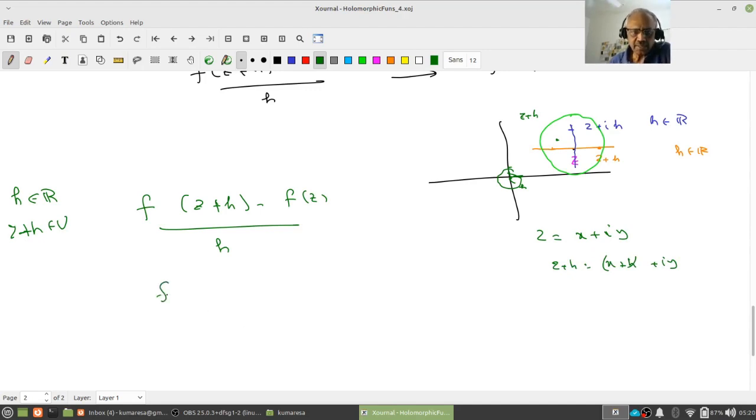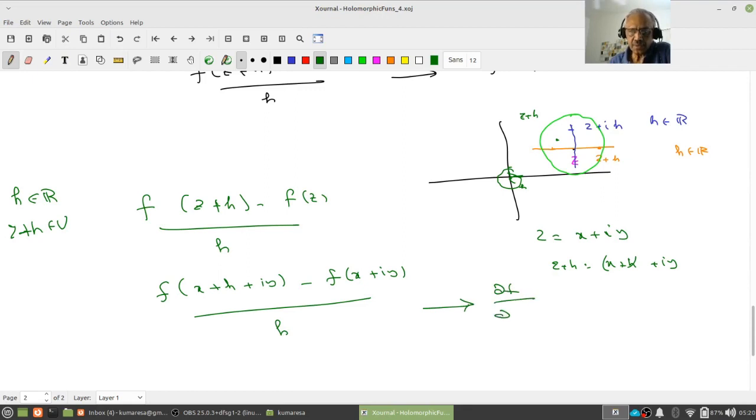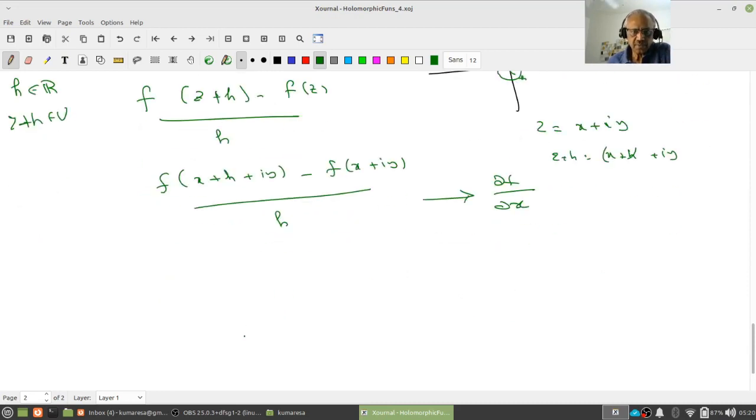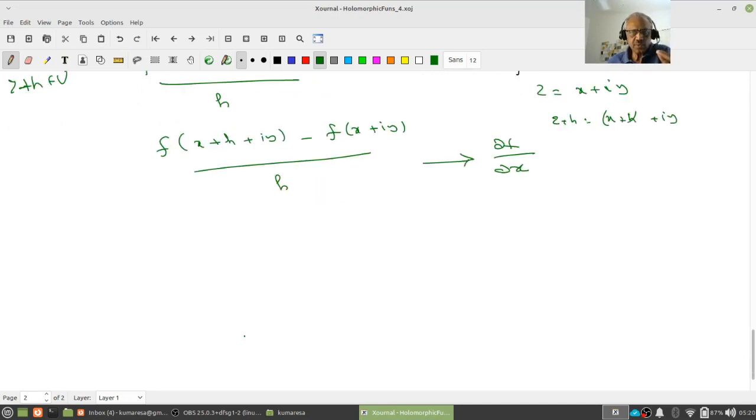Therefore, this is something like f of x plus h plus iy minus f of x plus iy by h. So in some sense, if the limit exists, you can think of this as a partial derivative, dou f by dou x. Think of f as a function of x and y, two variables, then it becomes this. Do you follow that? Because we are giving the increment only in the real variable, okay, real part of the complex number, right?